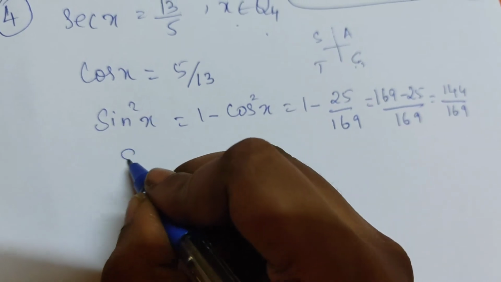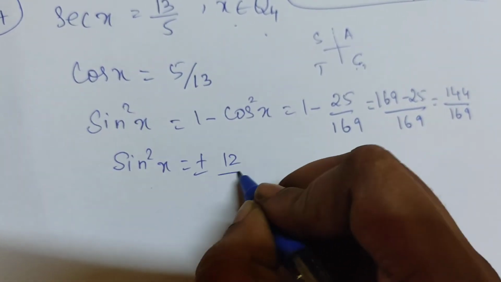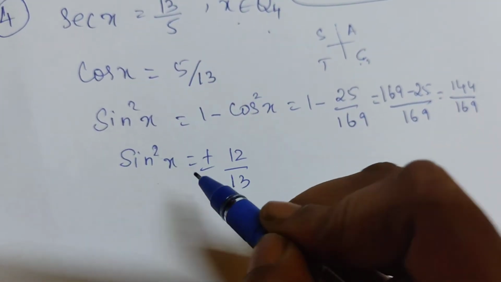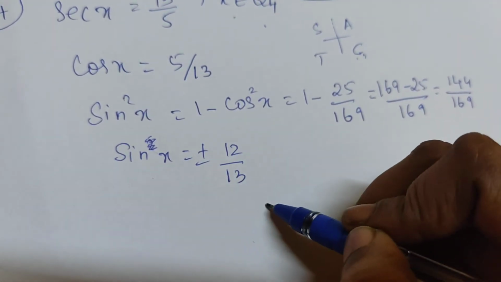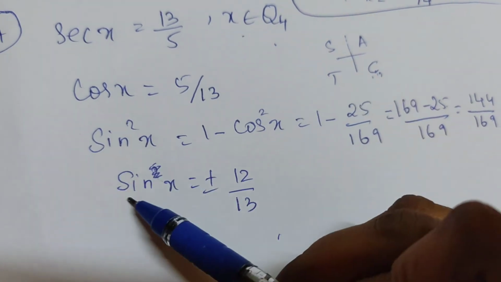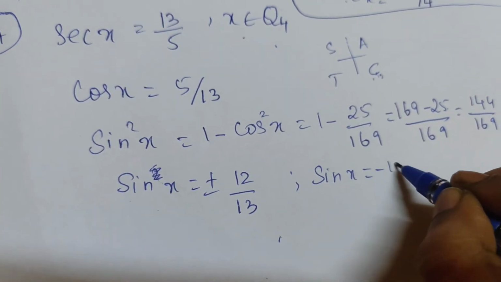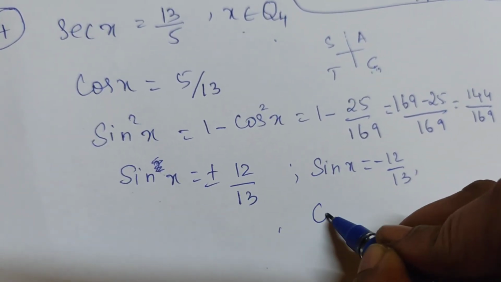So sin x is equal to plus or minus 12 by 13. Since x is from the fourth quadrant, sin x will be negative. So sin x is equal to minus 12 by 13. Its inverse ratio is cosecant x.